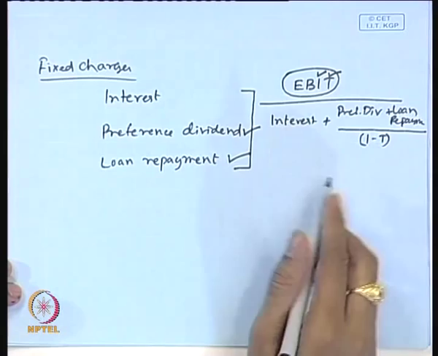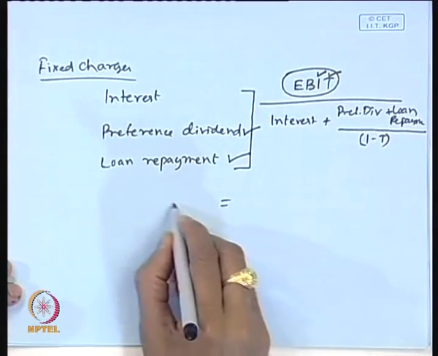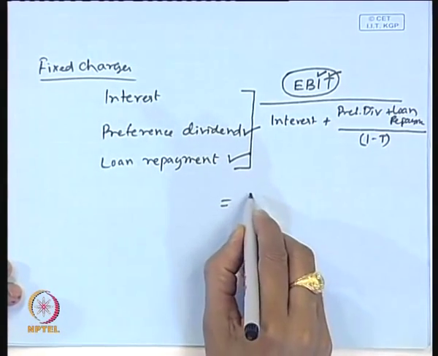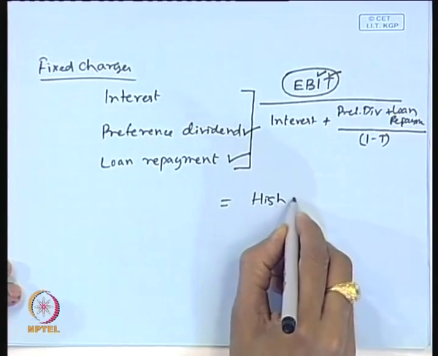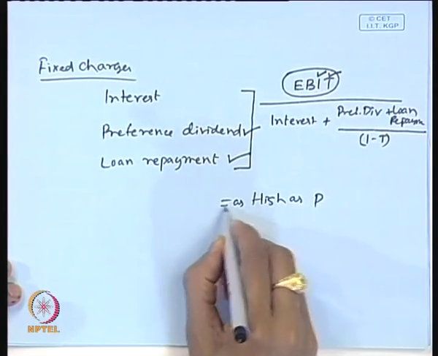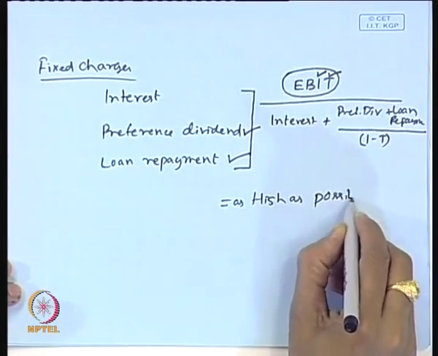So, to take care of that tax effect, we divide by 1 minus t. At the end of the day, the fixed charges coverage ratio should always be as high as possible. That tells us that the company is going to meet its fixed obligations as comfortably as possible. So, all investors will always like to see a very high fixed charges coverage ratio; the higher it is, the better it is preferred by investors across the world.